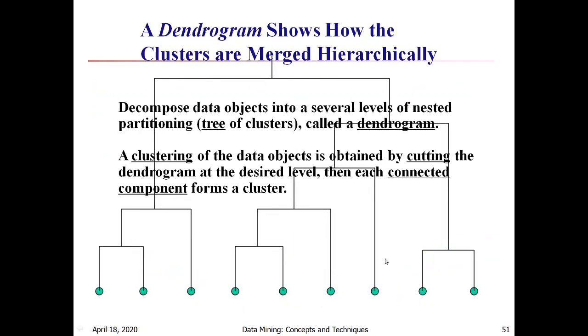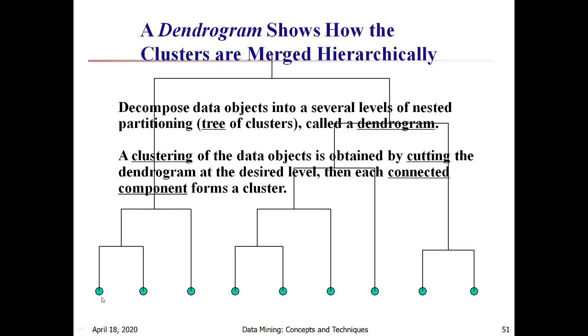It is generally represented in the form of a dendrogram. A dendrogram is a tree-like structure where you represent the total clustering of the data objects. Whenever we want a desired level, we can cut the dendrogram at the required level and take those clustering points.